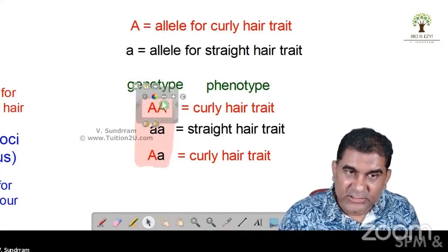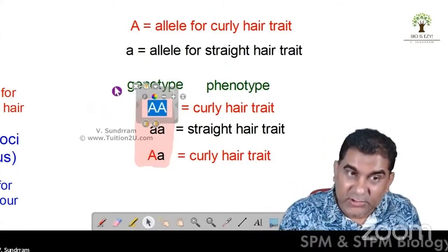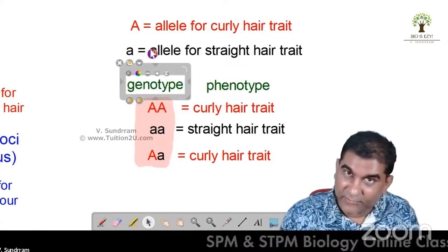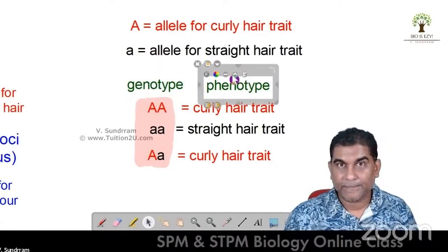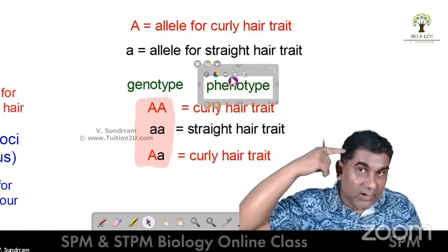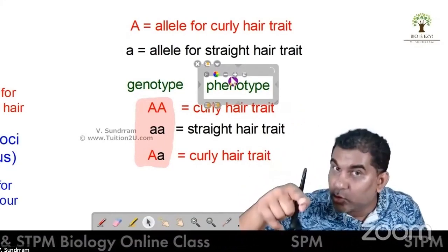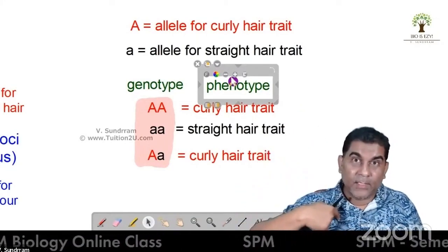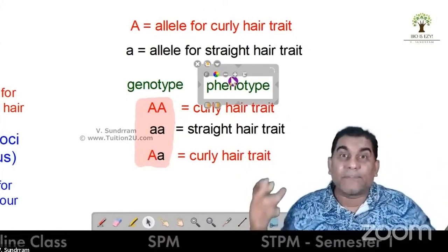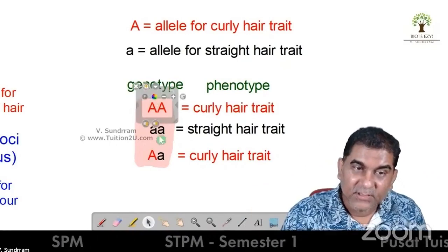So this person's genotype is capital A, capital A. What trait that person has is phenotype. Whether I have curly hair or straight hair, phenotype, is controlled by my genotype, what alleles I inherited from my parents. Because I have curly hair, I'm either this or this.